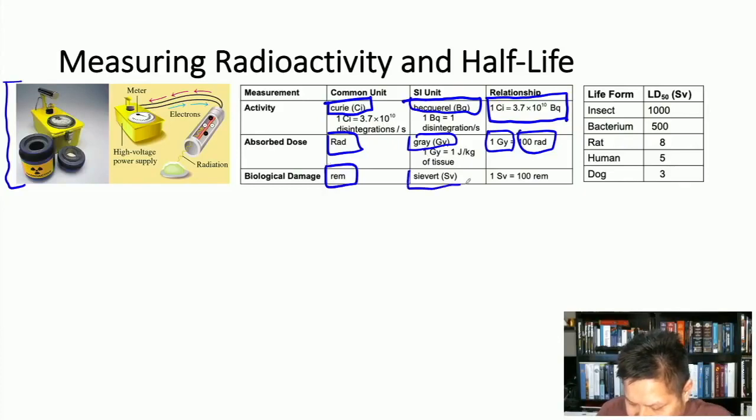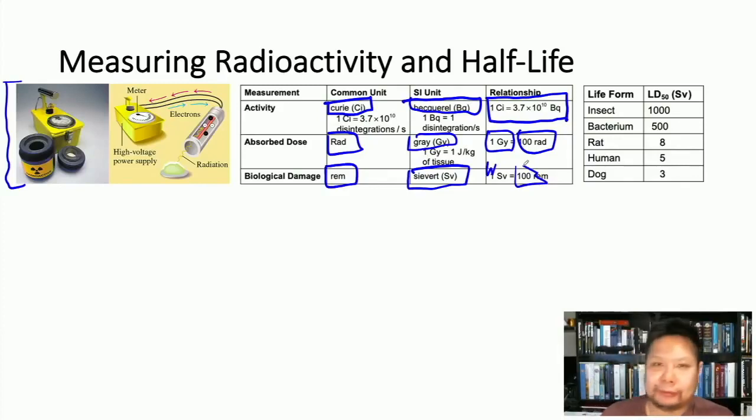The SI unit is the sievert, and for every 1 sievert, there is 100 rem. I just thought it was very interesting, this little chart I found here.